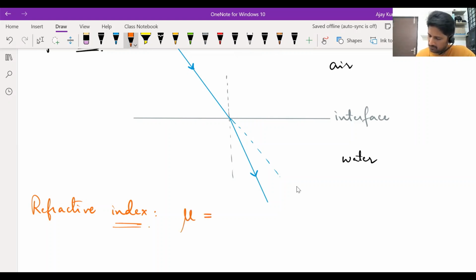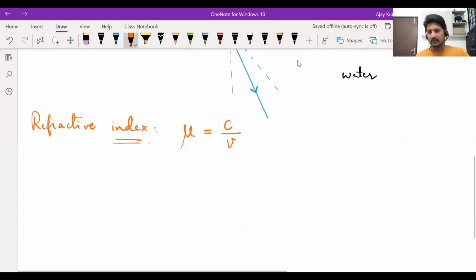Can one of you tell me the formula for refractive index of a medium in terms of speed of light? Okay, Pradhin has given the answer. It is the speed of light in vacuum, that is c, divided by the speed of light in that medium, v. Now, in vacuum, light travels the fastest compared to any other medium.